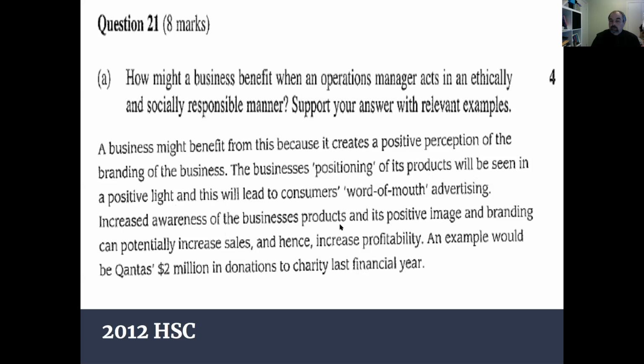Increased awareness of the business's product and its positive image and branding can potentially increase sales and hence profitability. Very, very well worded answer, direct, giving lots of reasons of how it benefits. And then we've got an example there of Qantas and its donations to charity each financial year. So very good structure to look at in terms of answering a question like that.